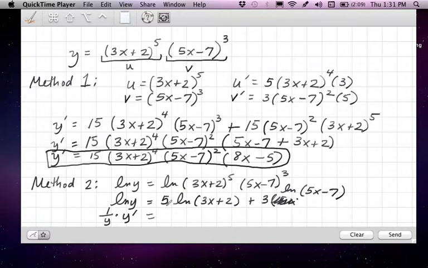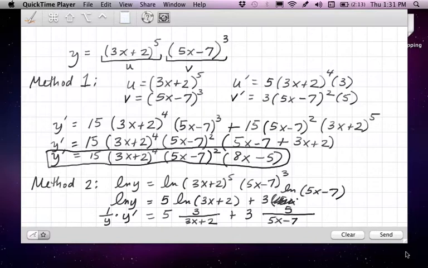It's 5 over 3x plus 2, and then the derivative of 3, plus 3 over 5x minus 7 times 5. And then I can multiply both sides by y.